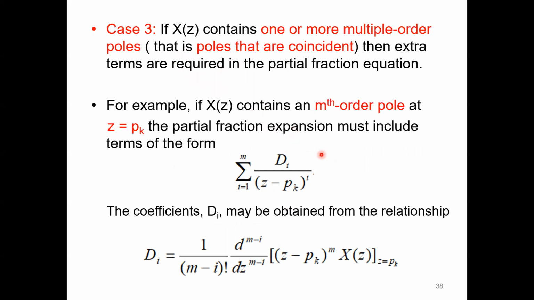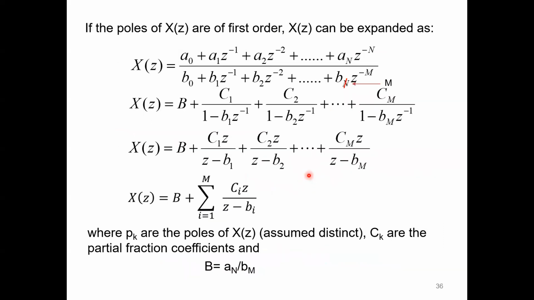So when you have multiple poles, right? Only difference is that when you have a pole repeating twice or three times, right? You get new terms in the partial fraction expansion formula, this one.